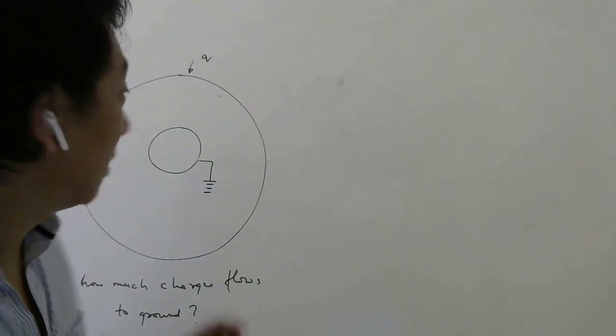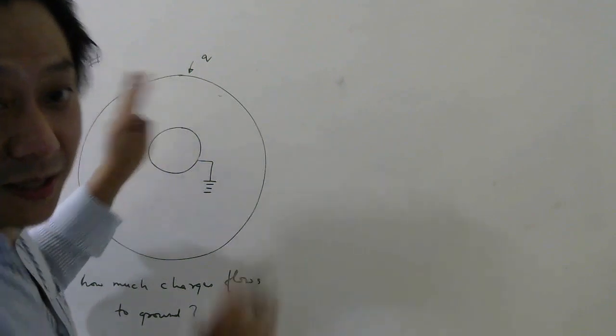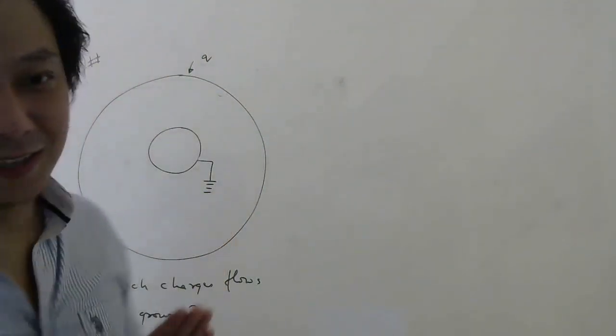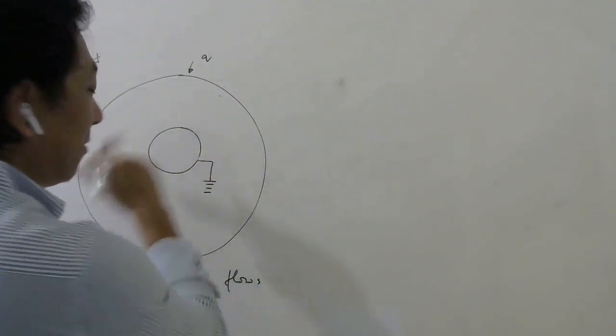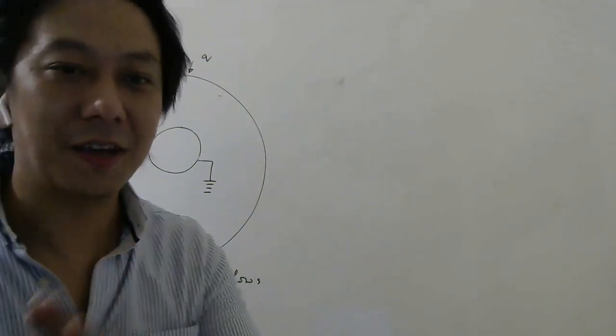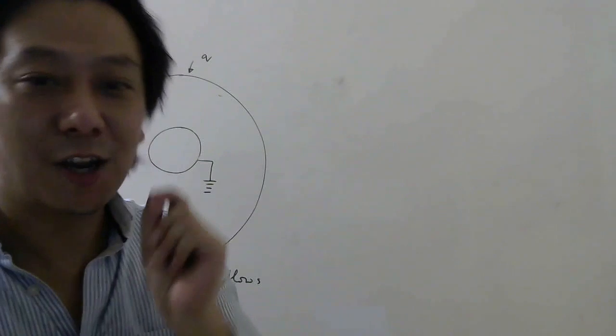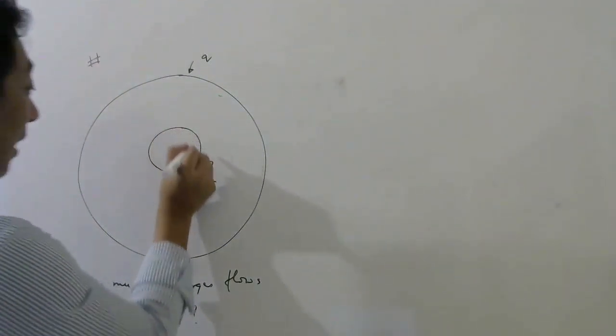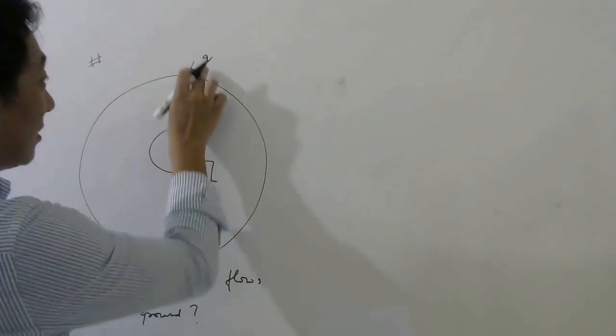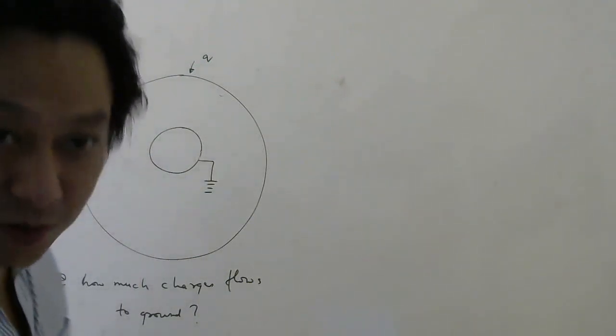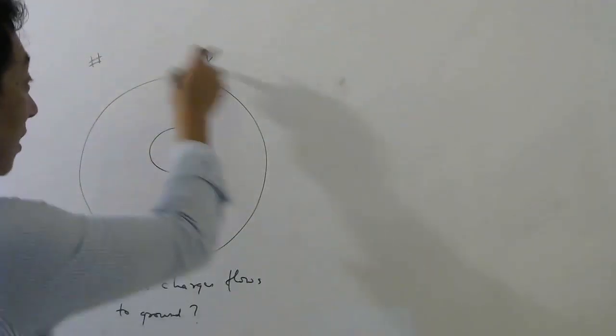Think carefully. Suppose it remained like this, let us assume no charge came from the ground, everything remained the same, then there will be a problem. The problem is, at this point this charge will produce some potential, yes or no? 1 by 4 pi epsilon naught q by radius. Why?